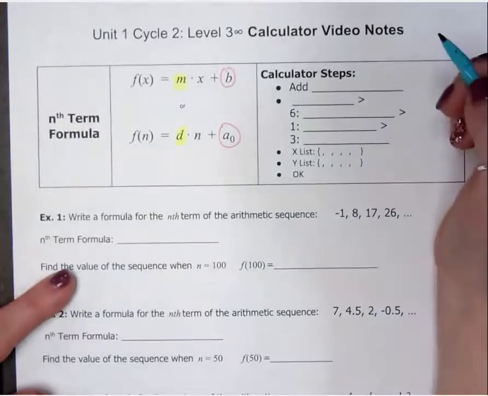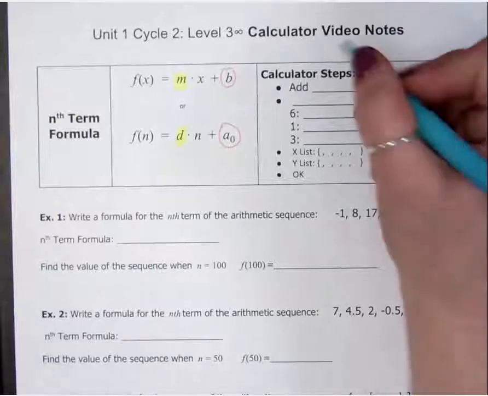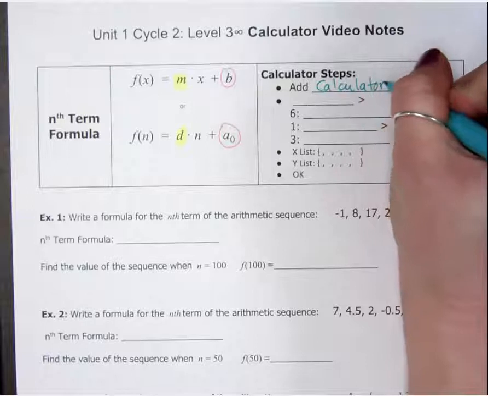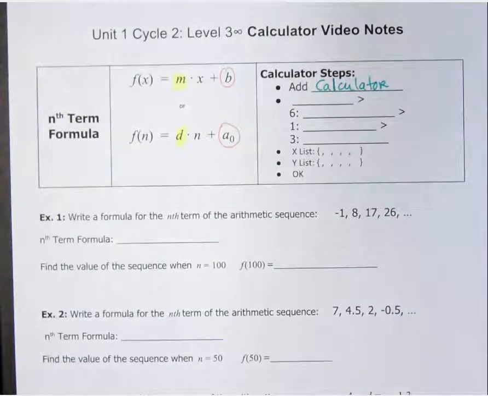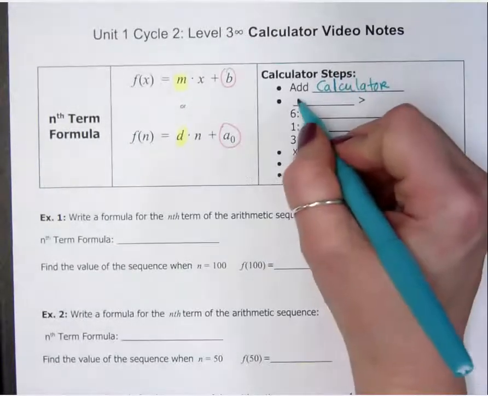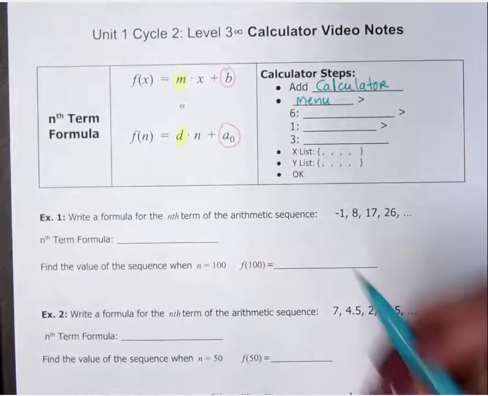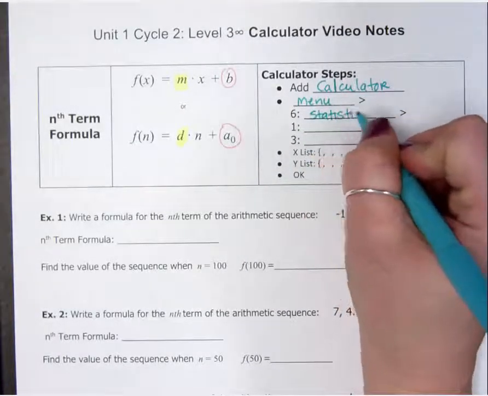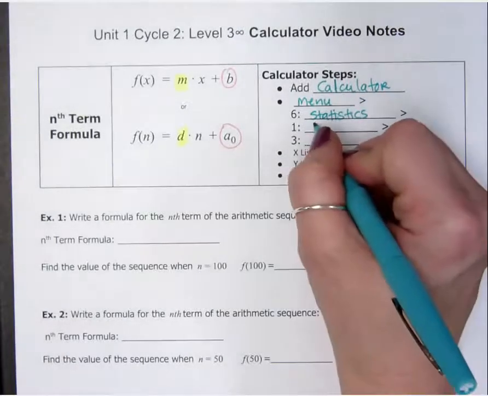The first thing after you do home, new document, don't save, is to add a calculator. Even if you're not sure what's happening right now, go ahead and write it down and we'll do it together. After that, we're going to hit menu, go down to option number 6, which says statistics, and choose option number 1, stat calculations.